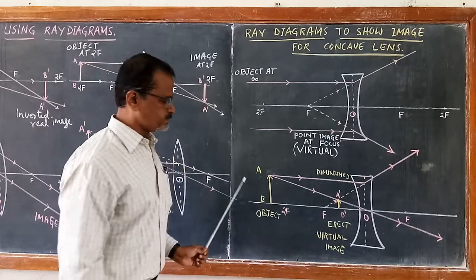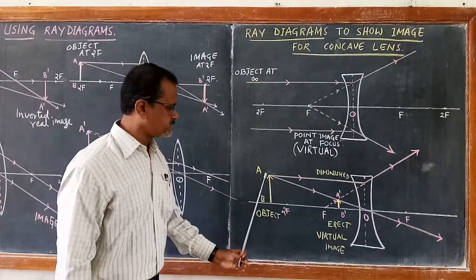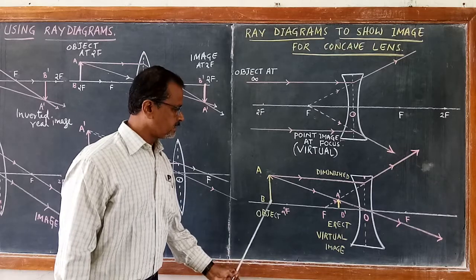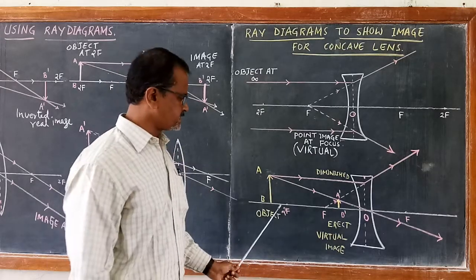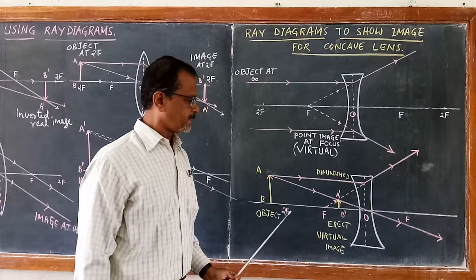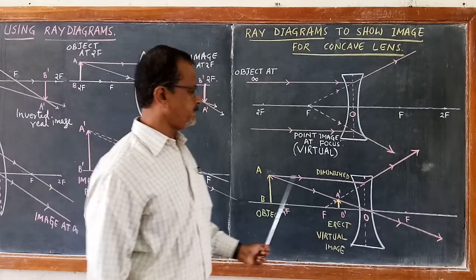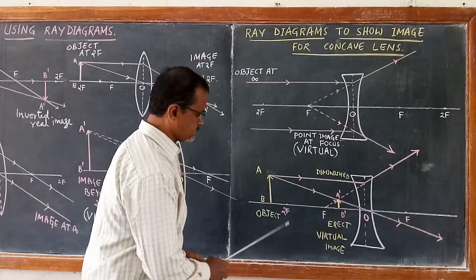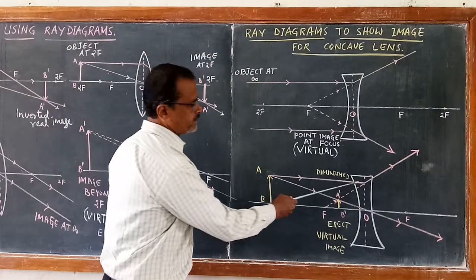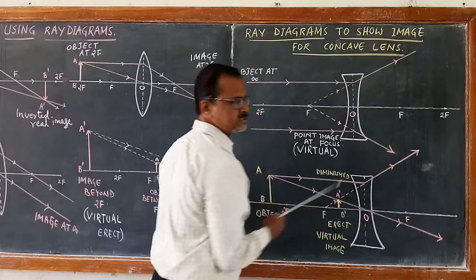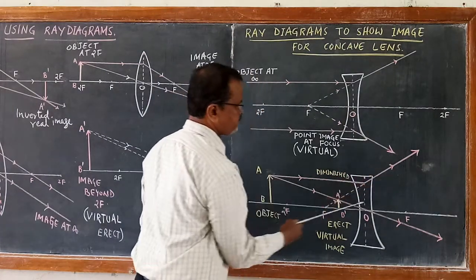Now if the object is brought closer, suppose the object AB is kept just beyond 2F. Draw one ray of light parallel to the principal axis. After refraction it diverges.